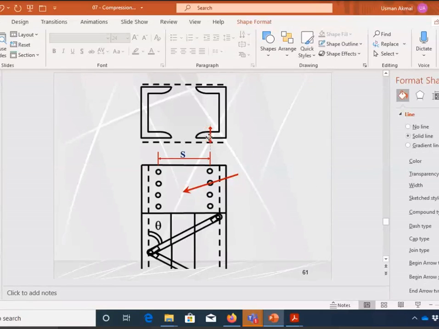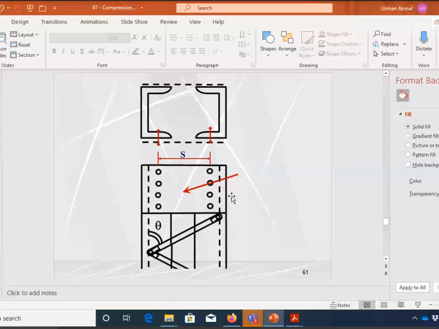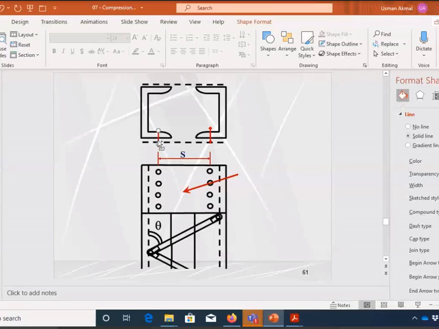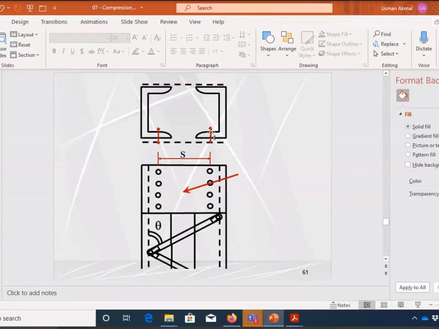Let's suppose that we are providing one fastener over here and one fastener on this side. And how do we compute this distance? I have already explained that the fastener on this flange is always provided at a distance of G. G is the distance from the edge of this web to the center of the hole of this fastener.